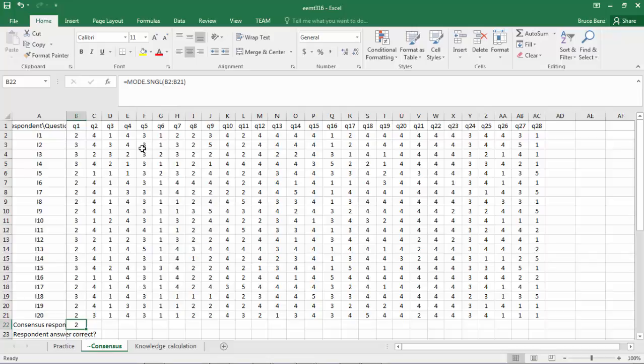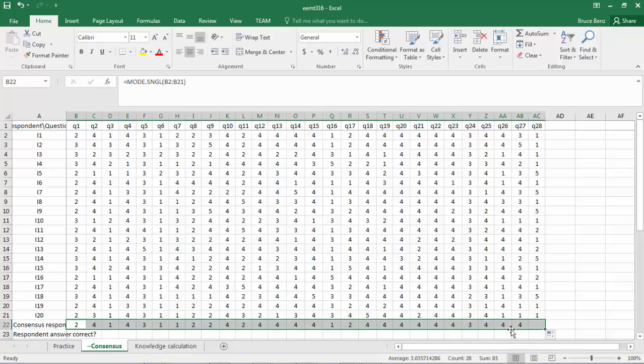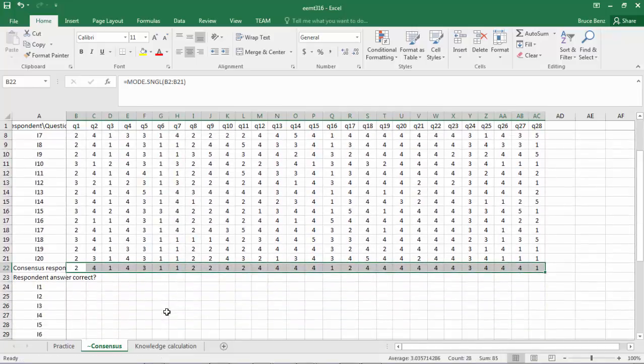Some questions have multiple modes, and we can look at that a little bit later. And then find over all 20 responses what is the modal response. Once I've done it in that cell, I can do the same calculation for all of the questions. And as we see here now, row 22 shows the modal response, the most common response to each question.